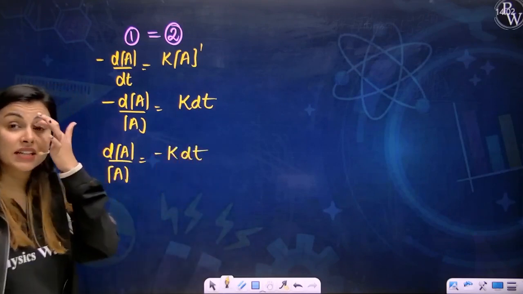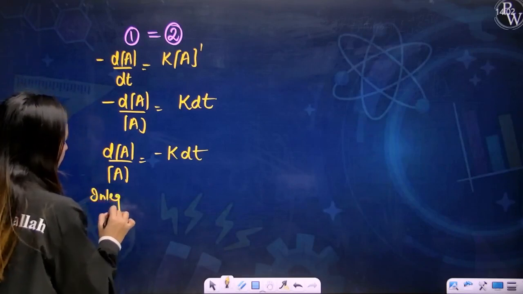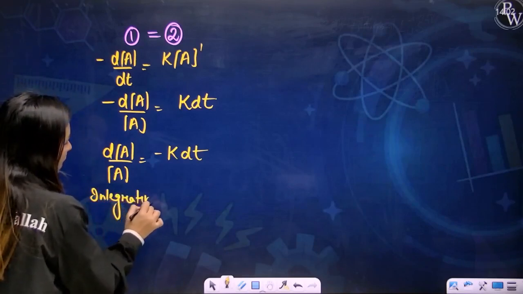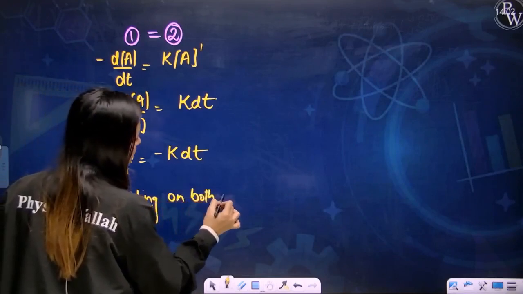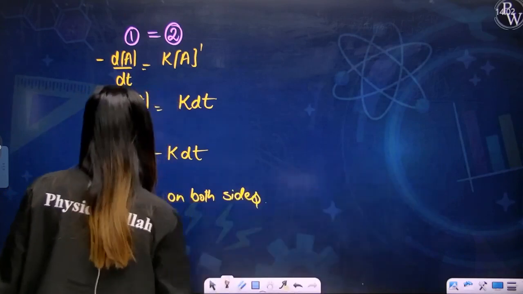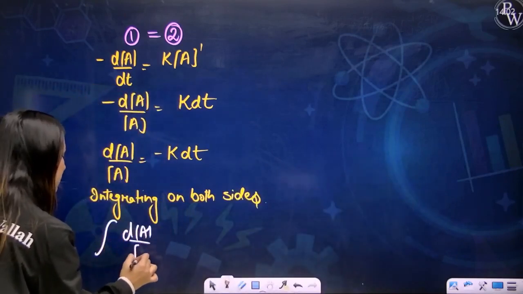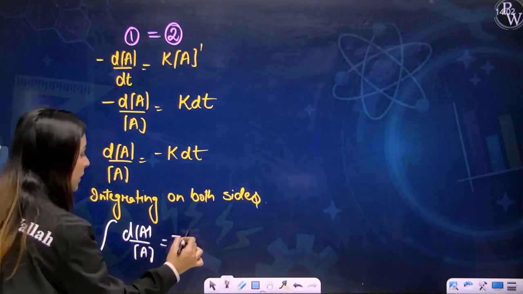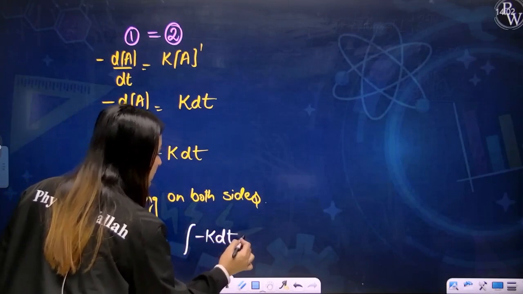Now let's integrate on both sides. So integrating on both sides, this would be integration of dA by A is equal to integration of minus k dt.